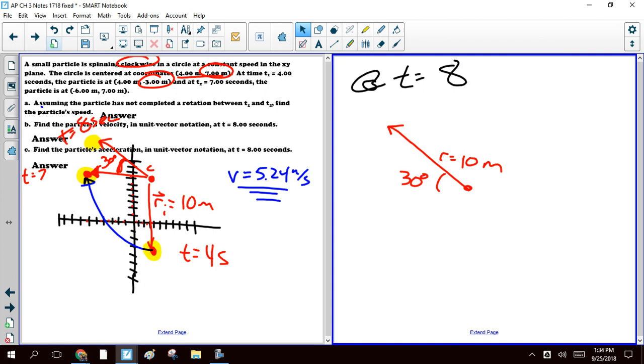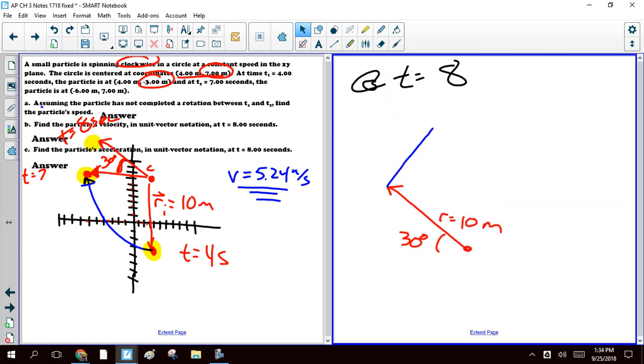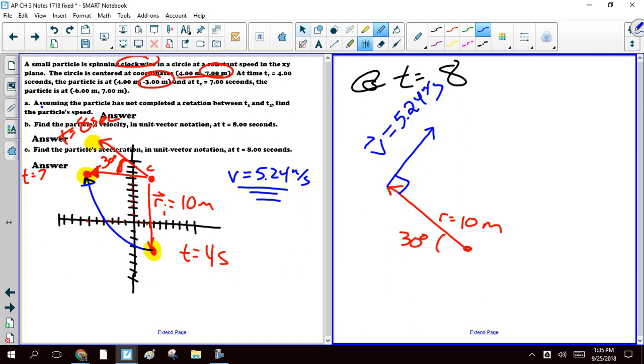We know that our velocity vector, remember, the velocity vector is perpendicular to our radius vector. Okay, so I also know that the magnitude of my velocity is 5.24 meters a second.